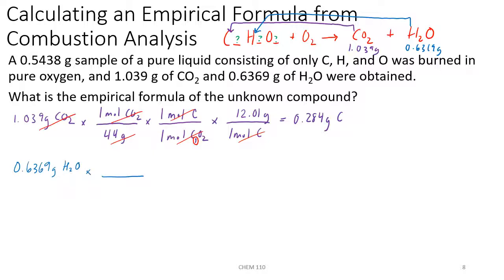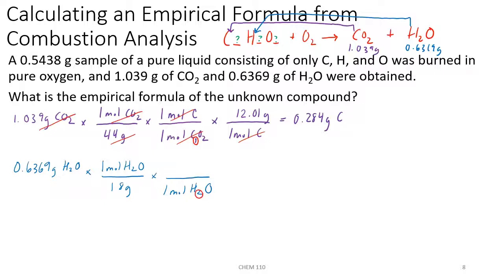Convert our grams of water into moles of water. 1 mole H2O is 18 grams. And in every 1 mole of water, we want to figure out the relationship of hydrogen to that. Looking at the subscript here, there's a 2 after the hydrogen.